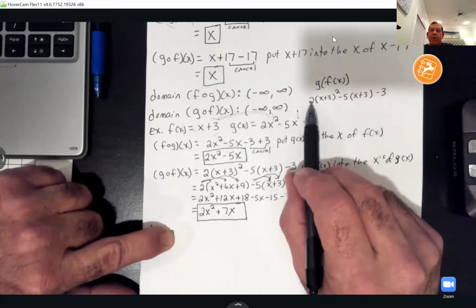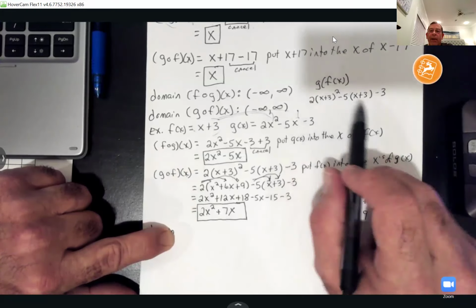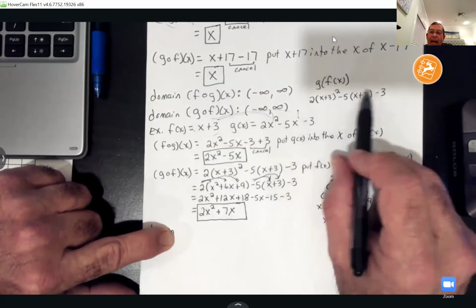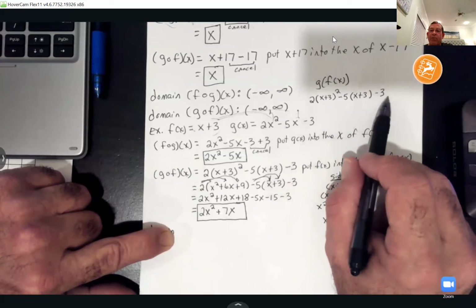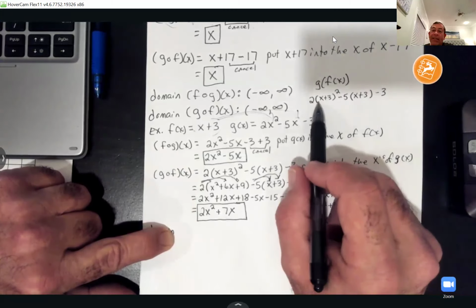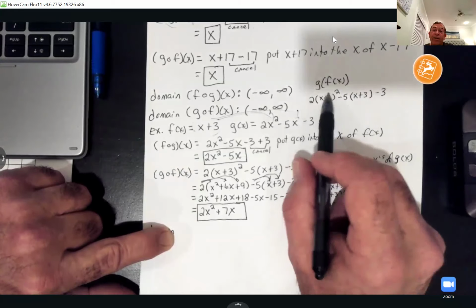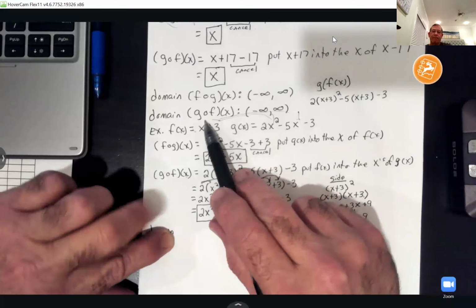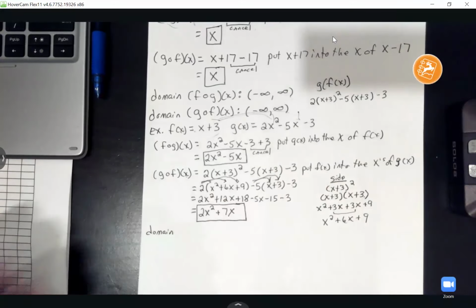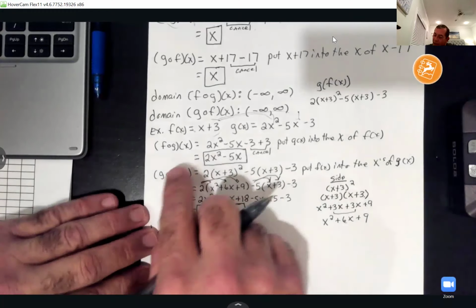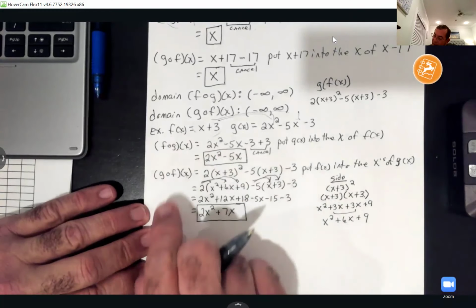I still got a 2x squared minus 5 times the X minus my 3. Y'all, it's just that my X ain't X no more. It's the whole function of the X plus 3. Okay, that makes a little bit more sense. Thank you, sir.